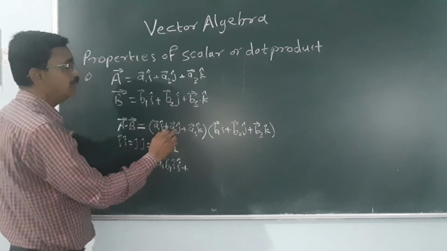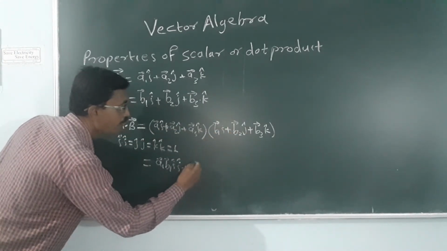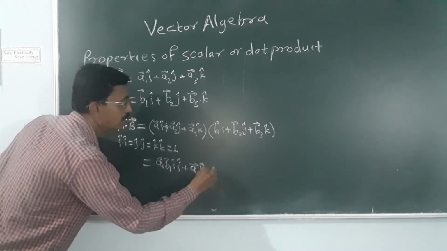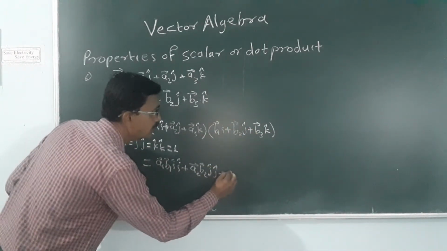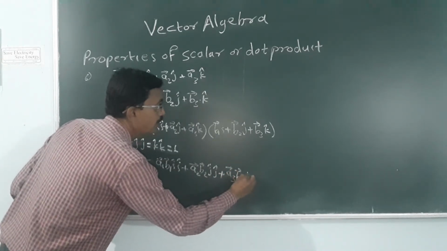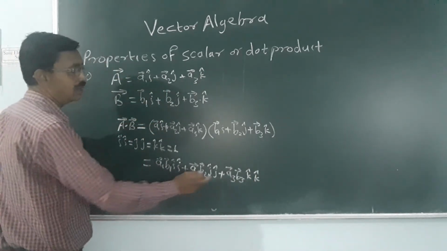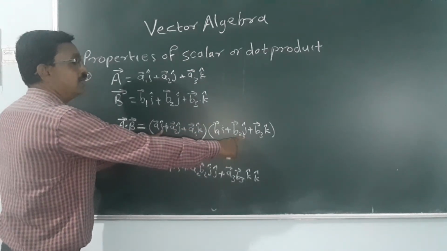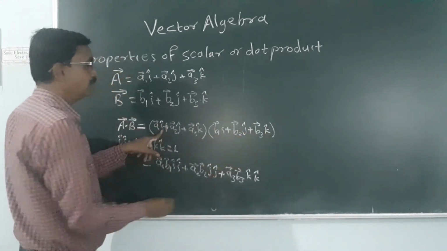Then similarly a2 j into b2 j, so a2 b2, plus a3 b3, so here is a3 b3 with k k. So these terms only become 1, and i with j becomes 0, i with k becomes 0.